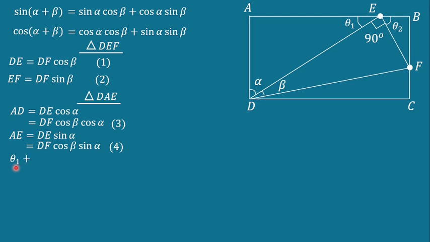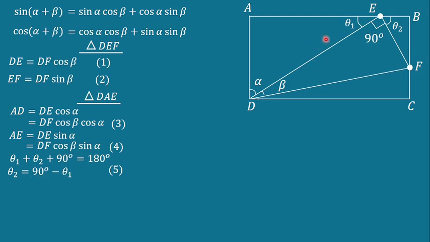Taking the 90 degrees to this side gives 180 degrees minus 90 degrees equals 90 degrees, and taking theta 1 to this side makes it minus theta 1. So from this equation I can write theta 2 equals 90 degrees minus theta 1.